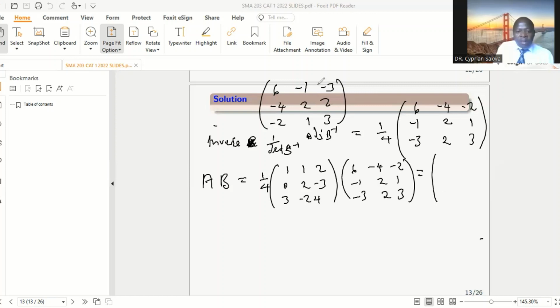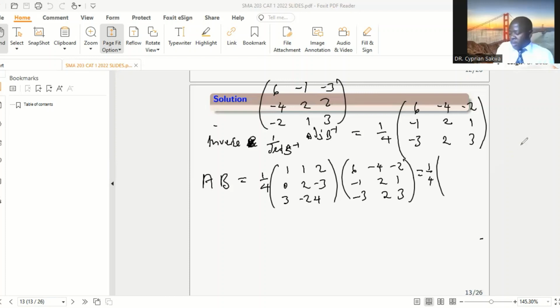What do you get? I was getting, just maintain my quarter here, and then just multiply these matrices.